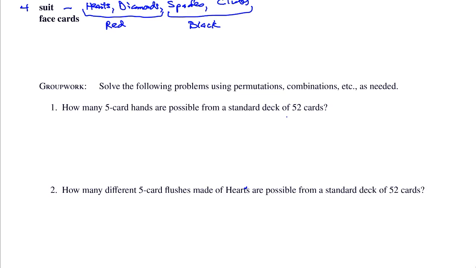What I want you to do is work with your partner, discuss these problems thoroughly, and decide, does the order matter before you do anything? Because the order, mattering or not, determines whether it's a permutation or a combination. And then, remember, anytime you're doing a permutation or combination, it's always the number of things you're choosing from, or picking from, and the number of things you are picking or choosing. Okay, I'll give you 2 minutes to work with your partner on that.